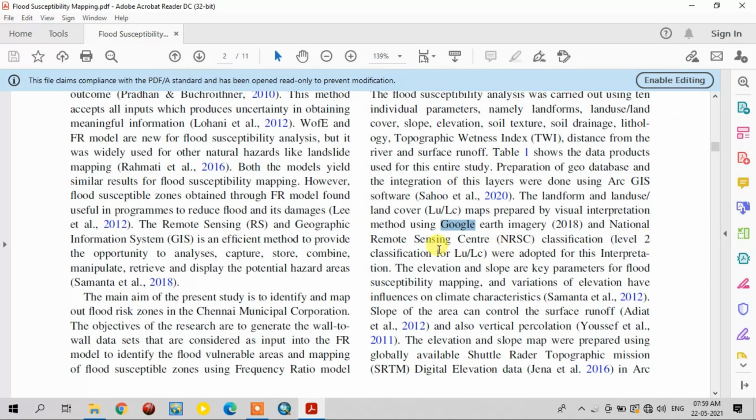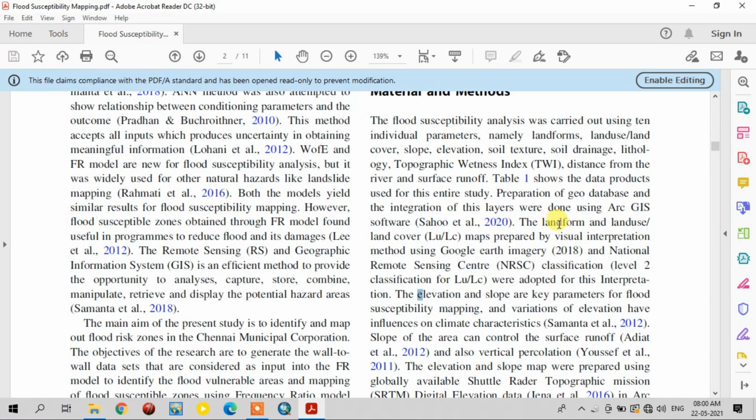NRSC level 2 classification was adopted for this interpretation. Okay, the landform is also like that only. NRSC level 2 classification was adopted for this study, and visual interpretation techniques were used to classify the landforms.